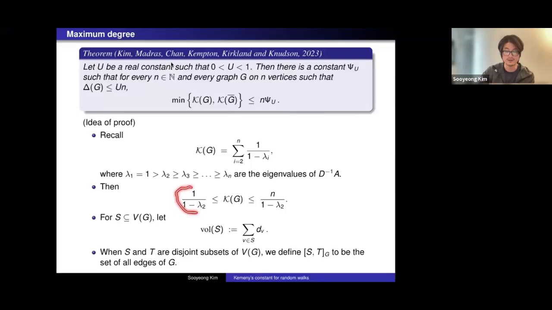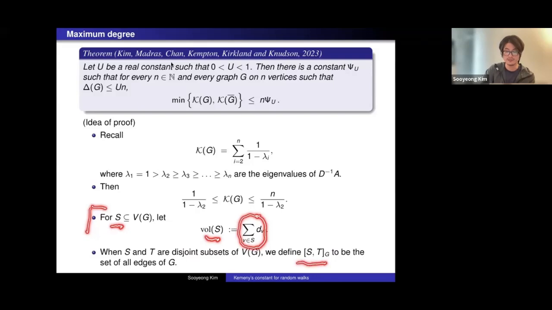So there is an obvious, trivial lower and upper bound from here. And then to define Cheeger's constant or the bottleneck ratio, we are going to consider this notation. For any subset S of the vertex set, the volume of S is defined as the sum of all the degrees. And then we are going to define this notation as well.